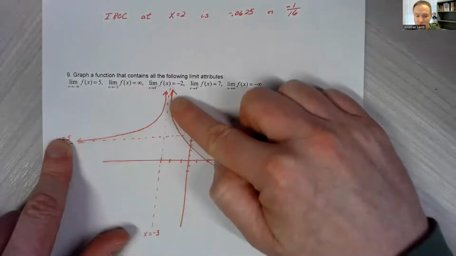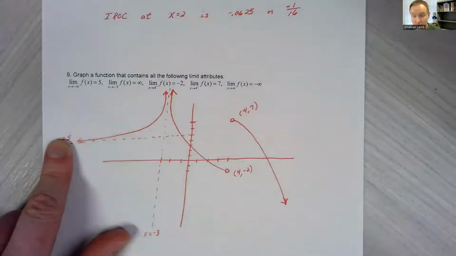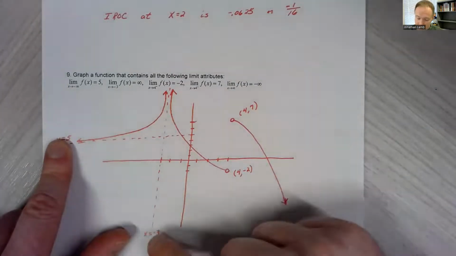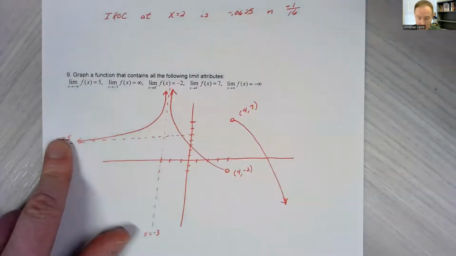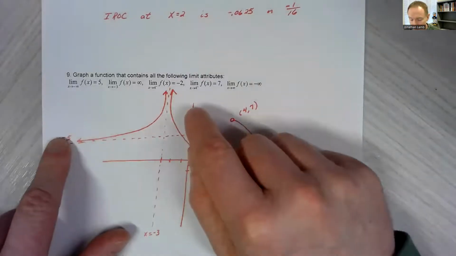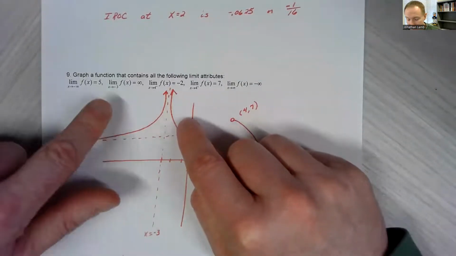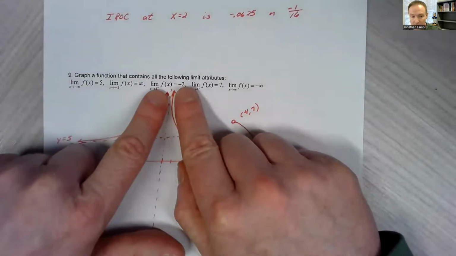The only way I can show that as x approaches a finite value the y values approach infinity or negative infinity is to draw a vertical asymptote at that x value. So vertical asymptote at x equals negative 3. As I approach negative 3 from the left or the right, the y values have to go to infinity.